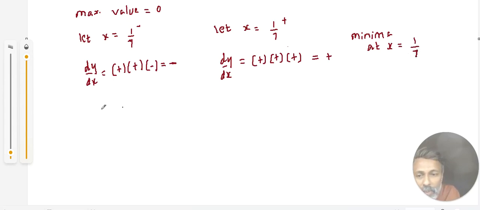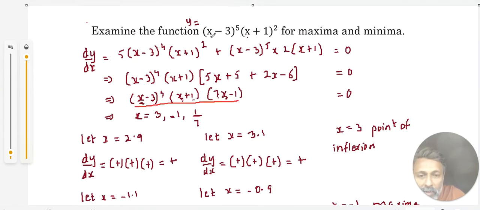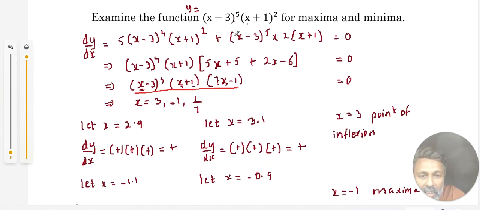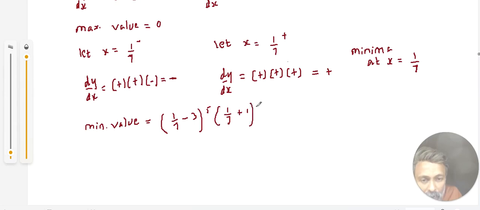And to get this minimum value, we have to substitute 1 upon 7 in the given question, which is 1 upon 7 minus 3 raised to 5 into 1 upon 7 plus 1 raised to 2.